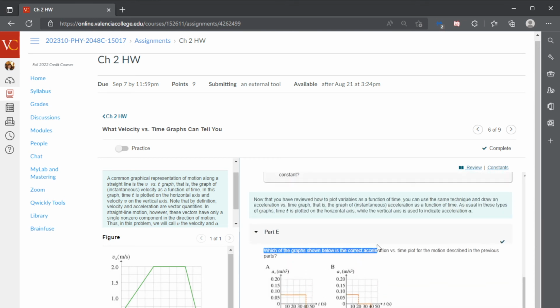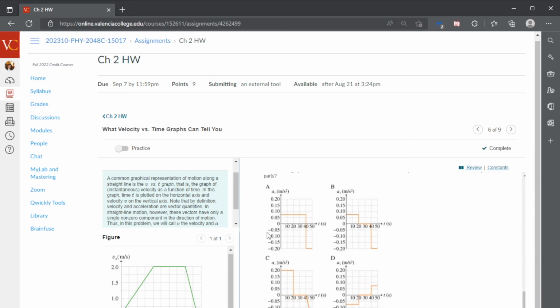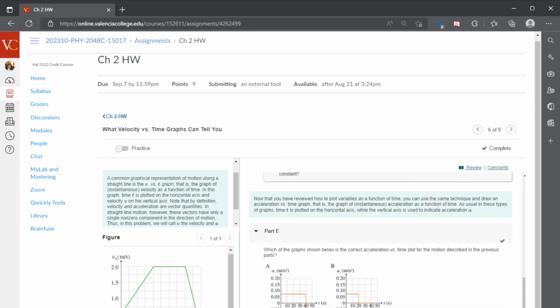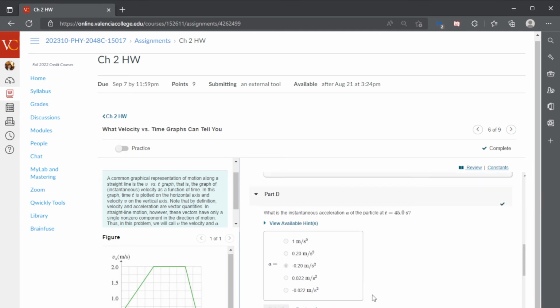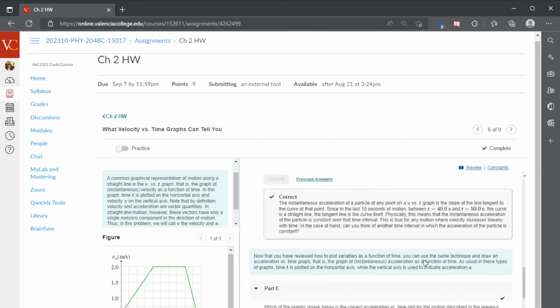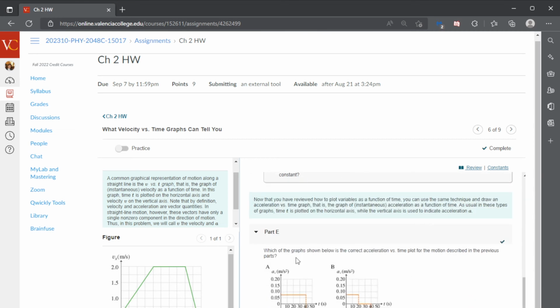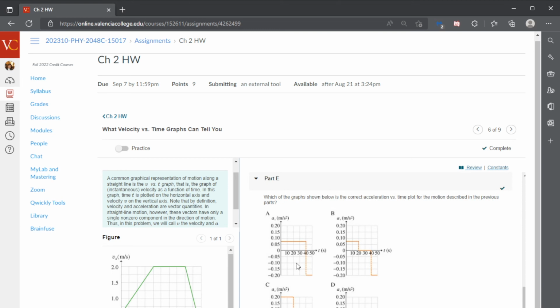E: which part of the graph shows the correct acceleration versus time plot for the motion described in the previous part? You have 4 graphs, and you're looking for the correct acceleration versus time from the previous part, which is important. We already found the acceleration is negative 20 meters per second squared, so we know that it's going down.